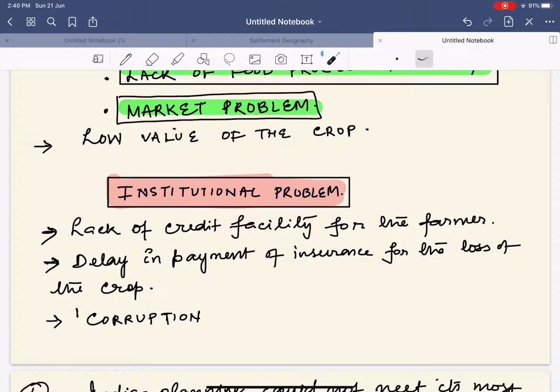What happens actually is that the government allocates resources for the farmers, but for the farmers to get those resources they have to go through the bureaucratic system, and within the bureaucratic system a certain corruption prevails. If the farmer has been allocated a certain amount of subsidy, then they have to give a certain percentage to that particular officer to get that amount.